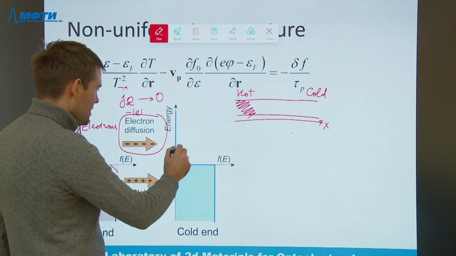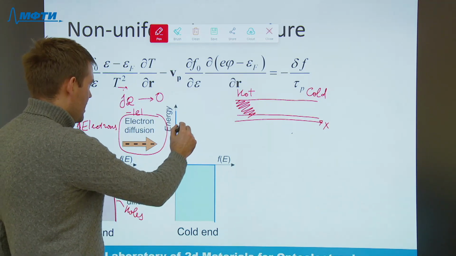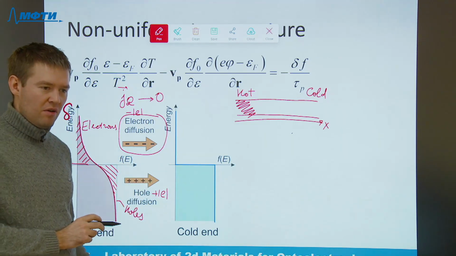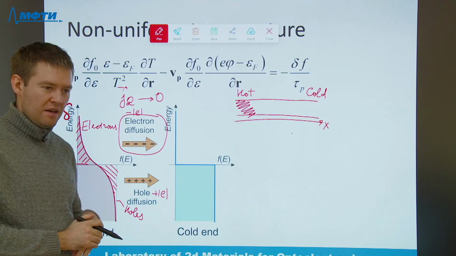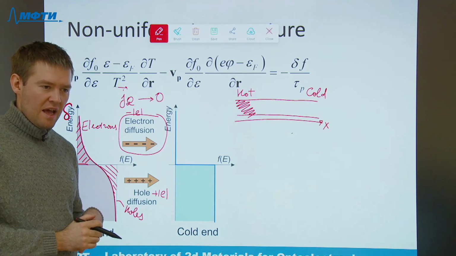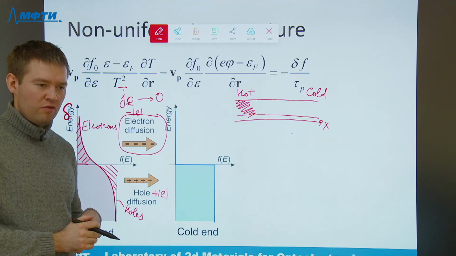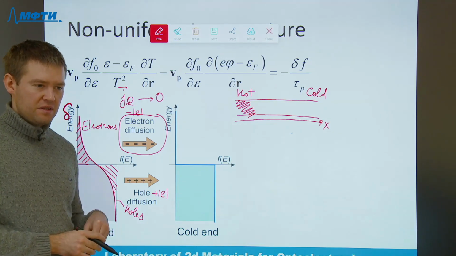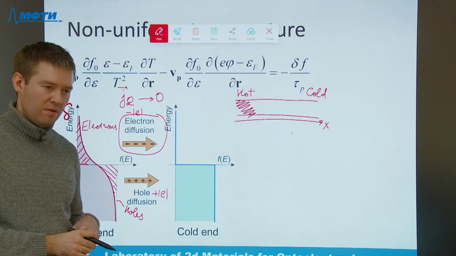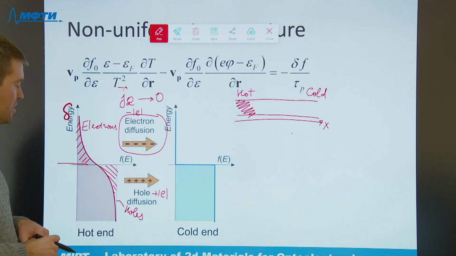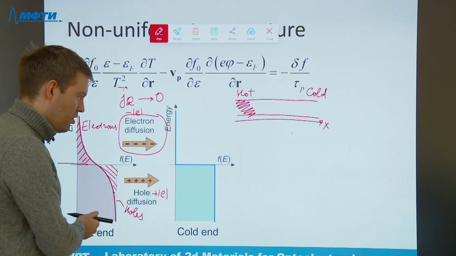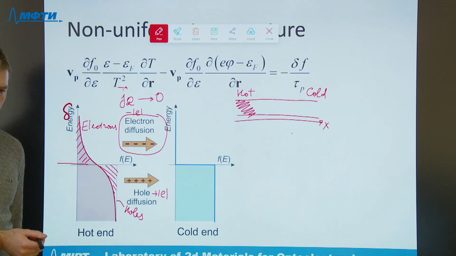So in metals, electrons move from hot to cold, and the flux of electrons is higher than the flux of holes, and the direction of the electric current is oppositely, from cold to hot.